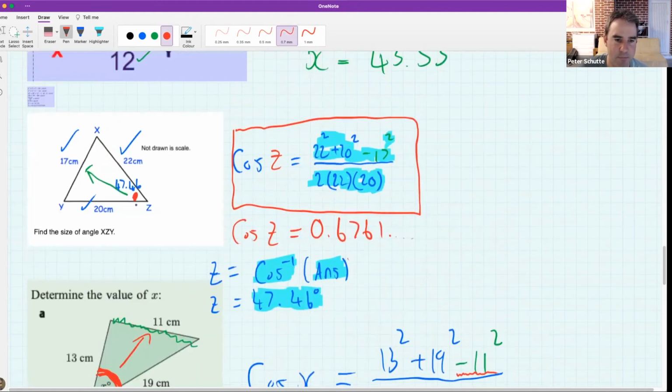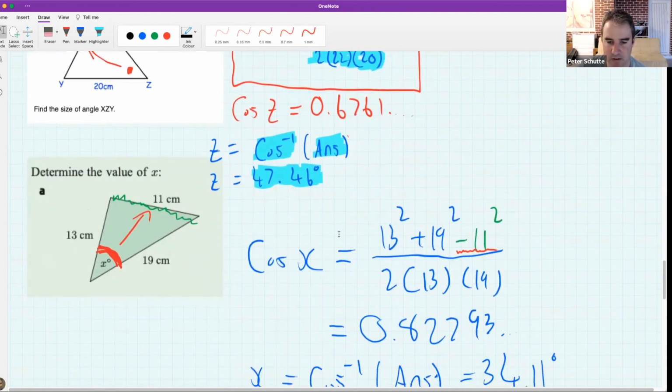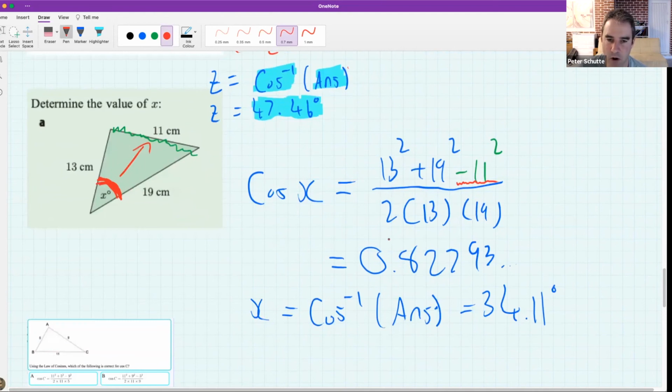If you look at the previous question, which is the side that is opposite the angle I want to find, in red? The side that is opposite that angle is 17. Look at my formula. Can you see how the 17 is the one that's being subtracted? Yes. Okay, so that's the way I remember it. And then on the bottom, you've got 2 times the other 2 sides that are not opposite it.